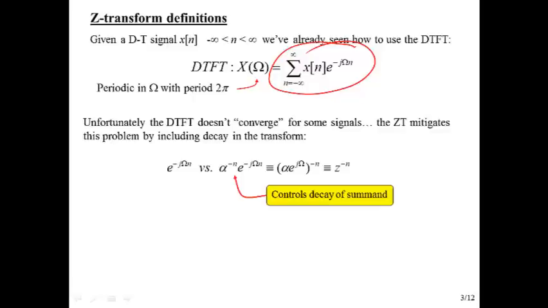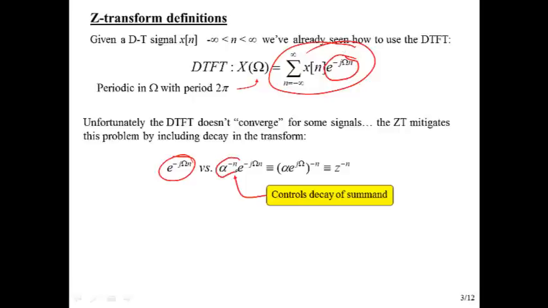We may not be able to find H of omega, the frequency response, because that's based upon DTFT ideas, as we've seen. So what we're going to do is play a little trick to generalize the DTFT to a more powerful setting so that it can handle these problems. So instead of using something like this that doesn't decay at all, we're going to replace it.